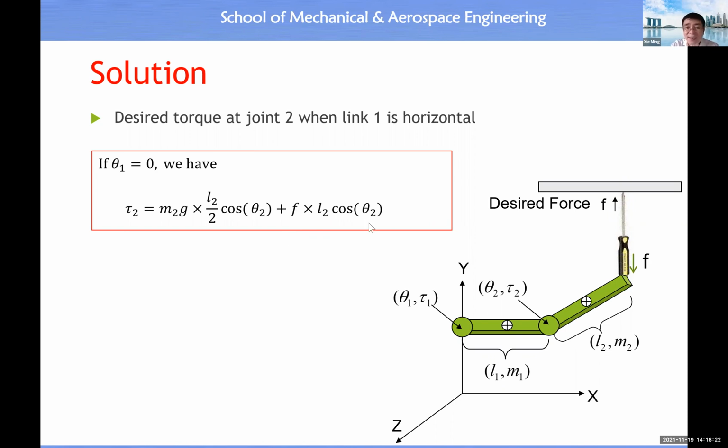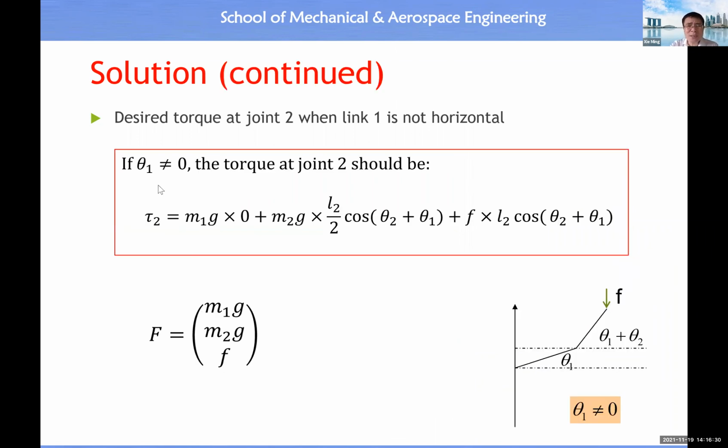So this is the extra torque which must be produced by joint 2. And when theta 1 is not equal to 0, the moment arm of F will become L2 times cosine of (theta 1 plus theta 2). So just modify it.